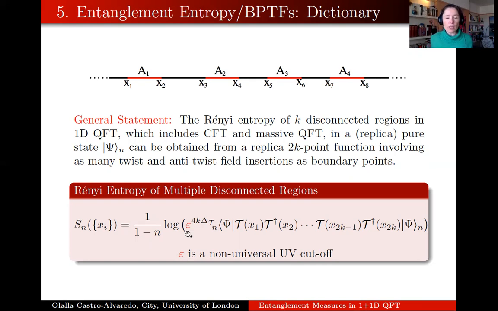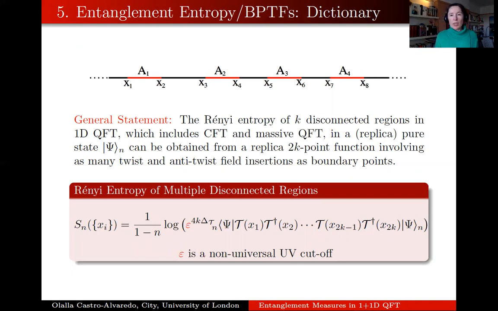This is a non-universal UV cutoff. If you're doing numerical simulations, that would be proportional to the lattice spacing in your quantum spin chain. It's just a scale that gives you a non-universal constant that you can add to your entanglement measures. You can either write it like this, or you can write without epsilon and then write plus constant, and that constant is non-universal. So this is an optional way to write things.